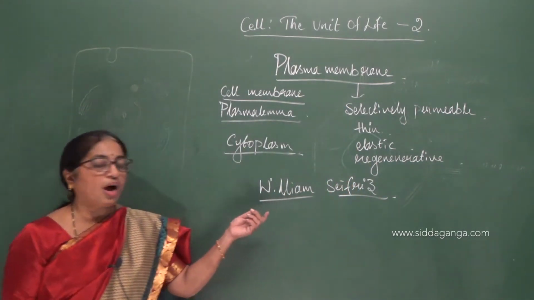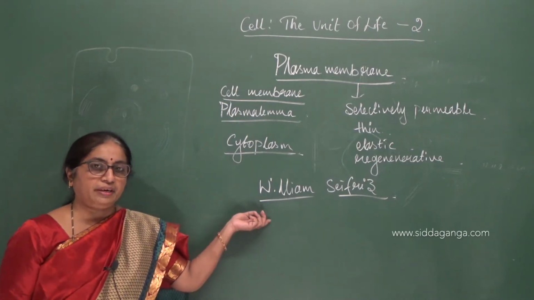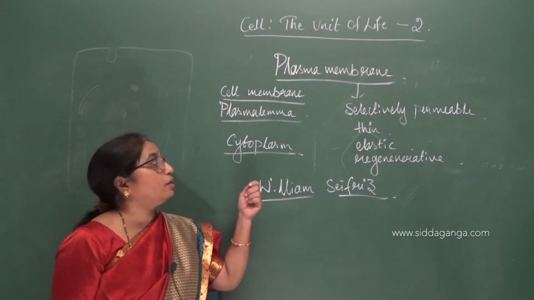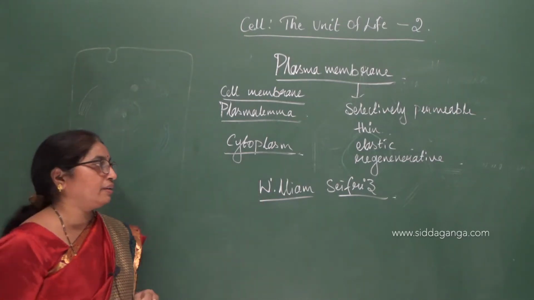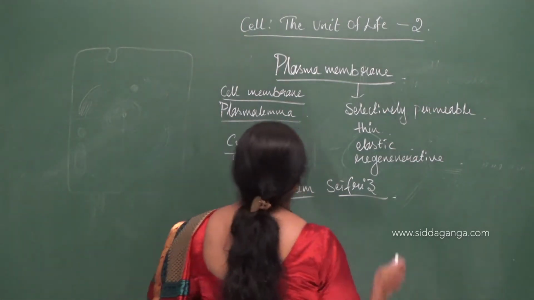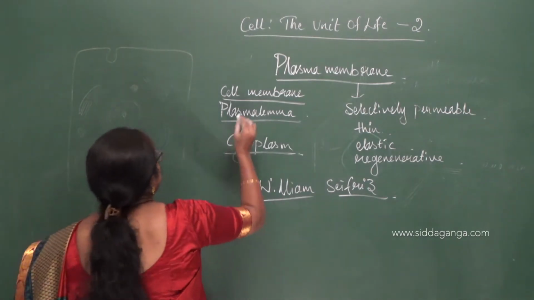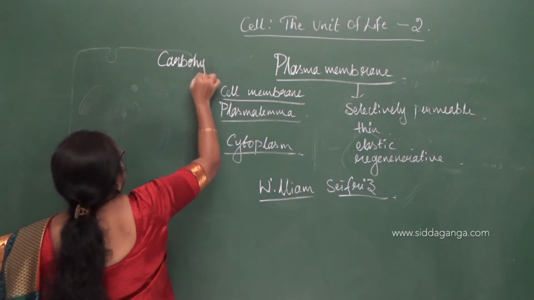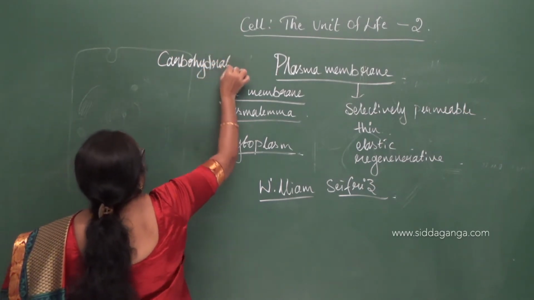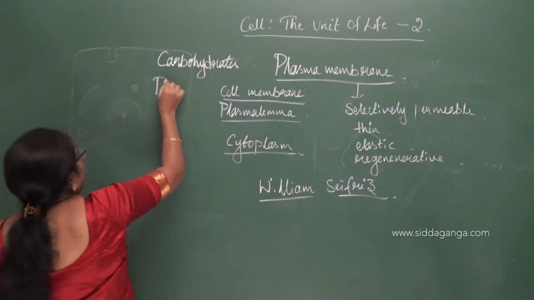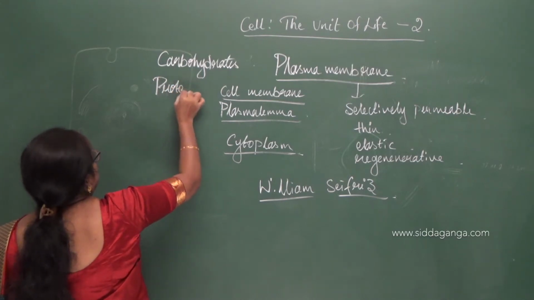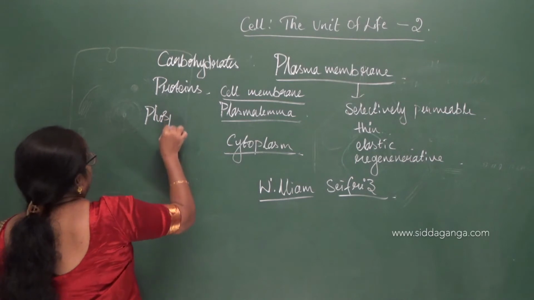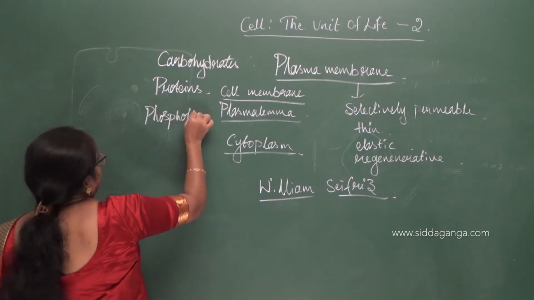Now, how is the structure of the plasma membrane? What makes the plasma membrane? What is the chemical composition of this plasma membrane? The chemical composition of the plasma membrane is, it is made up of carbohydrates, proteins, and phospholipids.